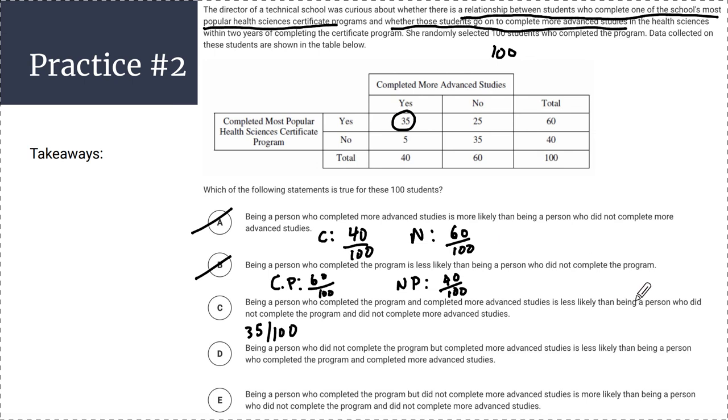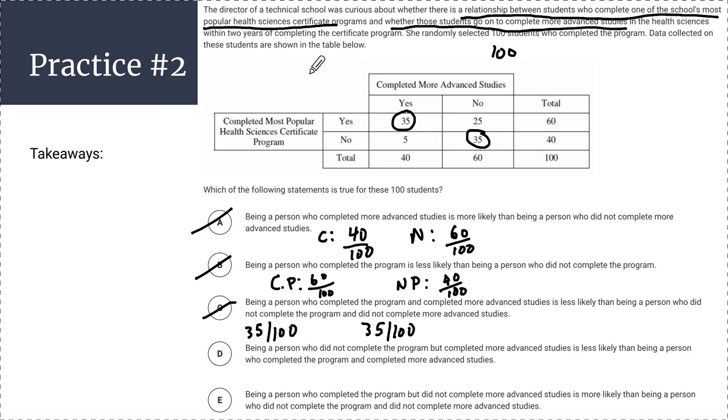Is it less likely than being a person who did not complete the program and did not complete more advanced studies? So no and no category. Oh, that's also 35 out of 100. So is it less likely? No, they're actually the same likelihood based off of our sample group. Being a person who did not complete the program, but completed more advanced studies. Okay, let me change color here.